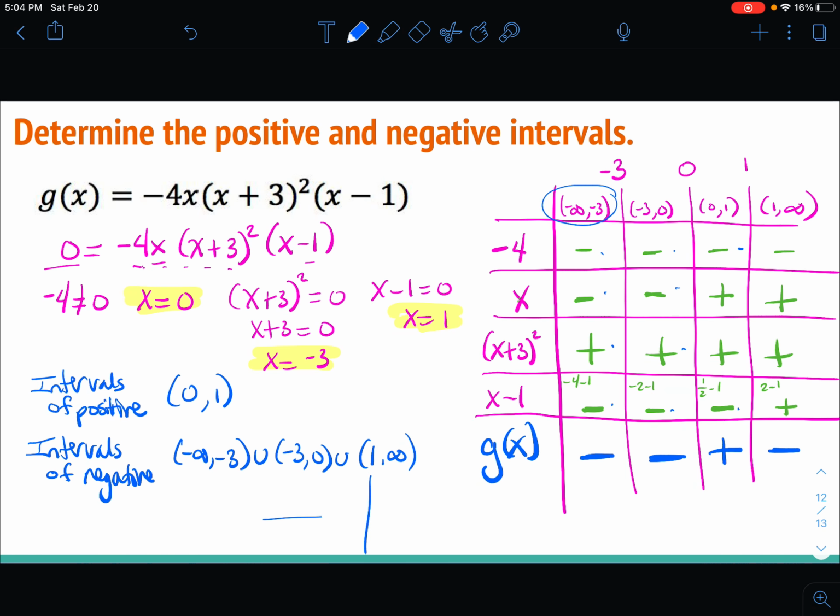If you were to try to sketch this, and it didn't ask us to, let's see, we're at -3, so we want the x-intercept here at -3, at 0, and at 1. The region to the left of -3 is negative. So I'm just going to do something like this. And then it's negative again. So I'm going to do this.